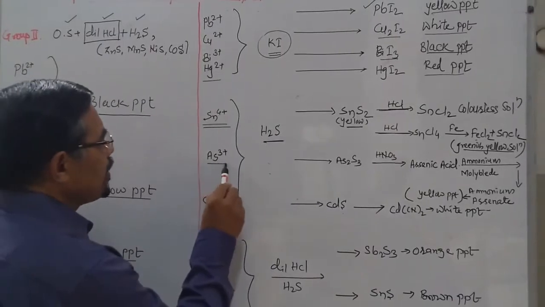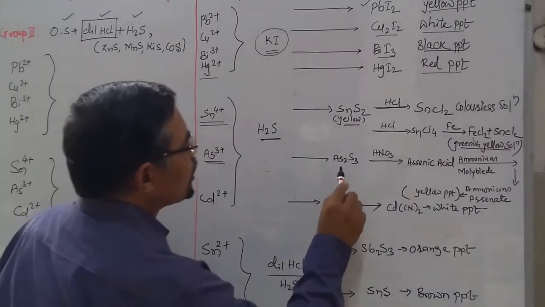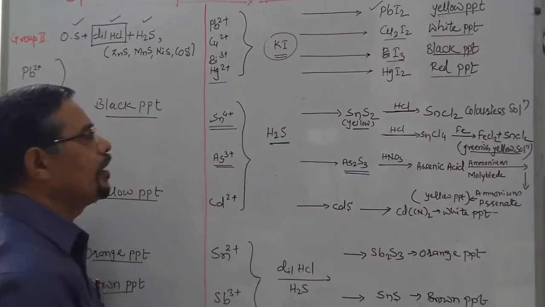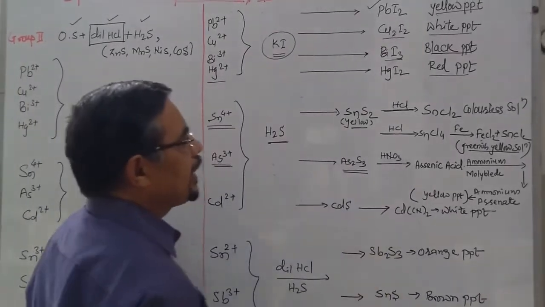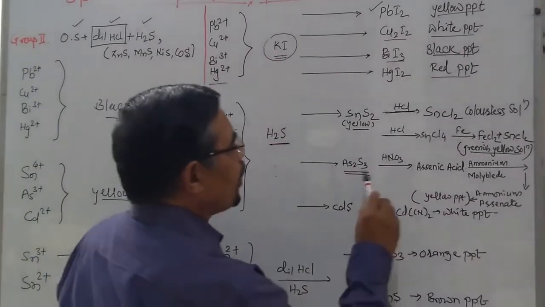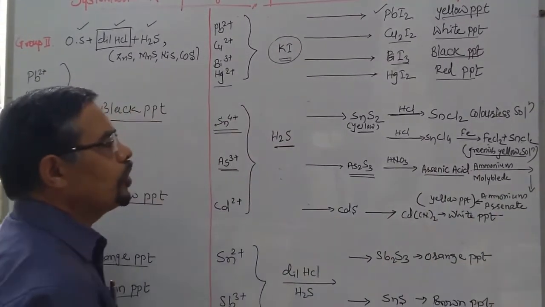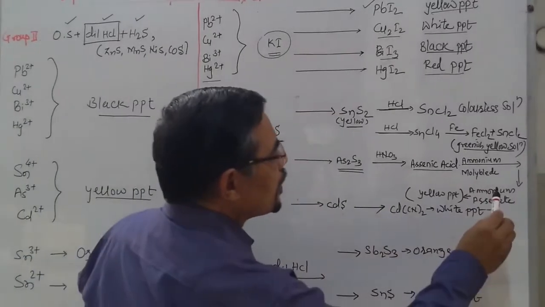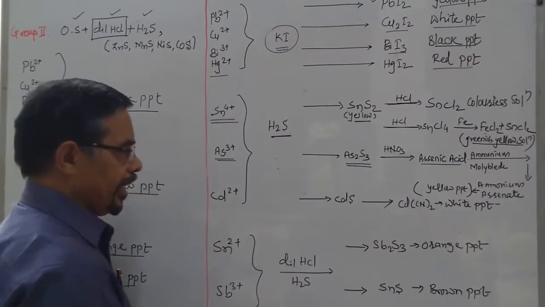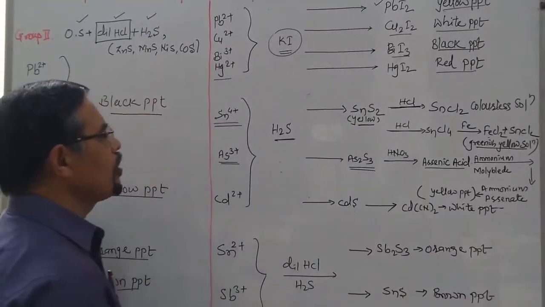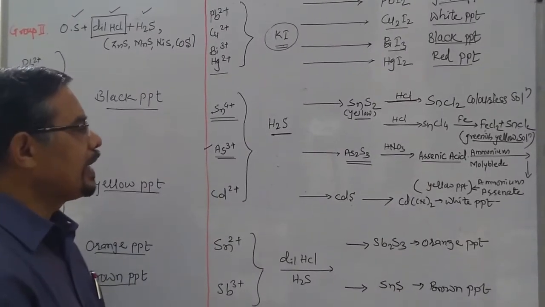If As3+, that is arsenic radical, is present, then it forms arsenic sulfide having formula As2S3. When dilute nitric acid is added, then it forms arsenic acid. In the arsenic acid, if we add ammonium molybdate, then it forms ammonium arsenomolybdate, which is a yellow colored precipitate. So yellow colored precipitate formation indicates the presence of arsenic basic radical.